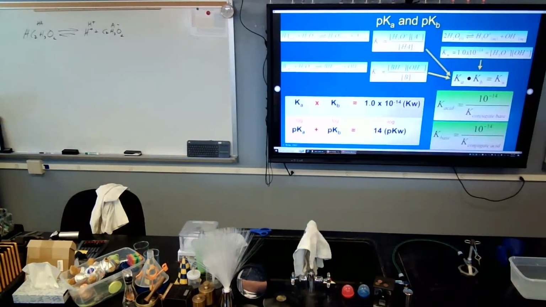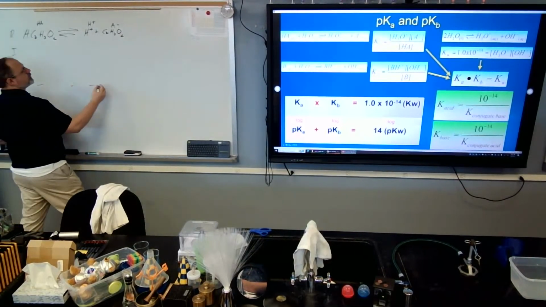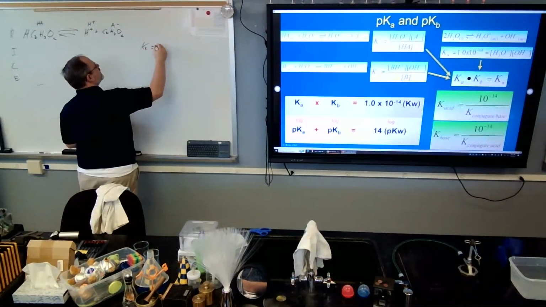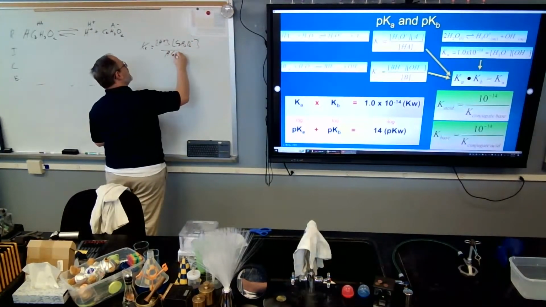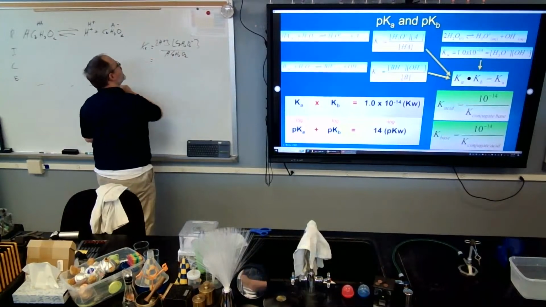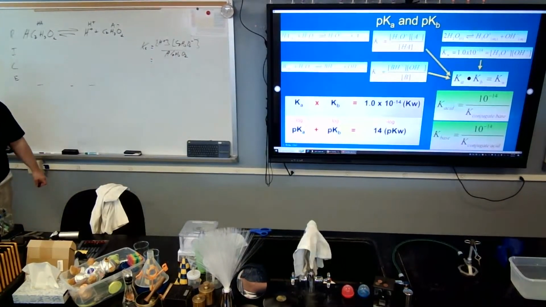Okay, so then you're going to do a RICE table, take the equilibrium values, and say Ka equals the H plus concentration times the C2H3O2 concentration over HC2H3O2, and you're like, okay, I'm ready to do the math. What's the Ka? And you look at it, and it didn't give you the Ka. It gave you the Kb. And you're like, well, crap. I don't know what to do now because I need a Ka.